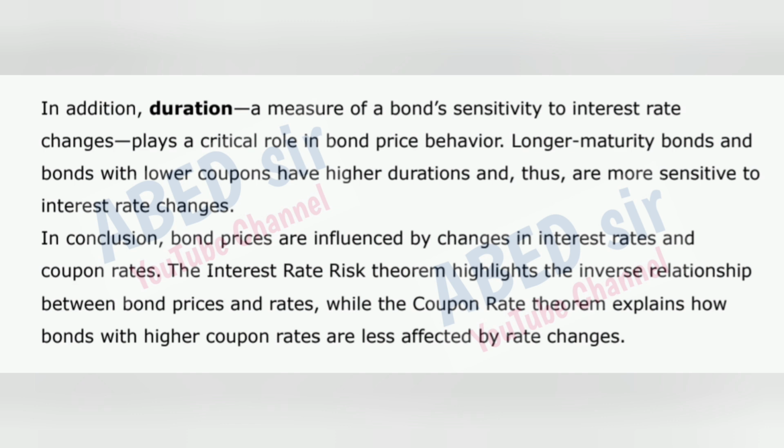In conclusion, bond prices are influenced by changes in interest rates and coupon rates. The interest rate risk theorem highlights the inverse relationship between bond prices and rates, while the coupon rate theorem explains how bonds with higher coupon rates are less affected by rate changes.